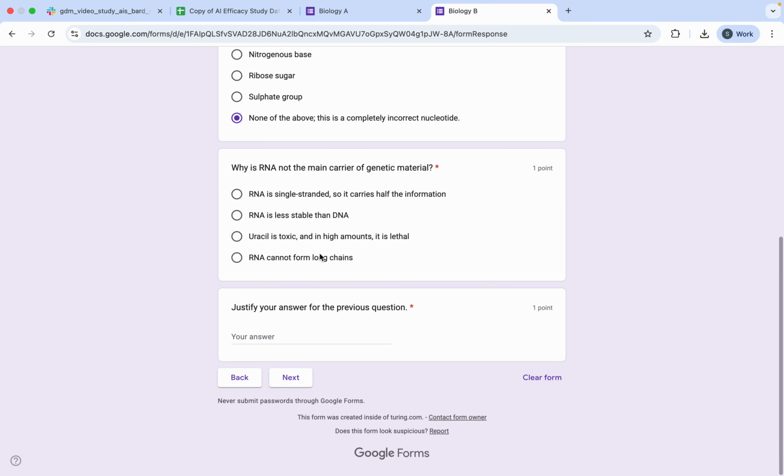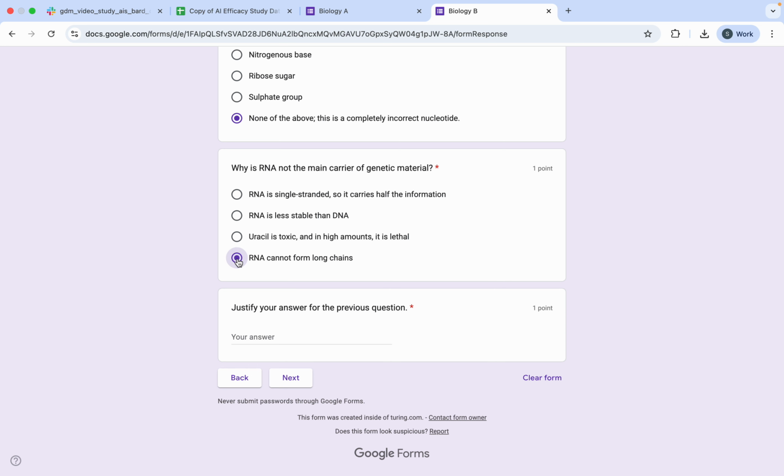Now the next question: why is RNA not the main carrier of genetic material? RNA is single stranded, so it carries half the information. RNA is less stable than DNA. Uracil is toxic and in high amount it is lethal. RNA cannot form long chains.